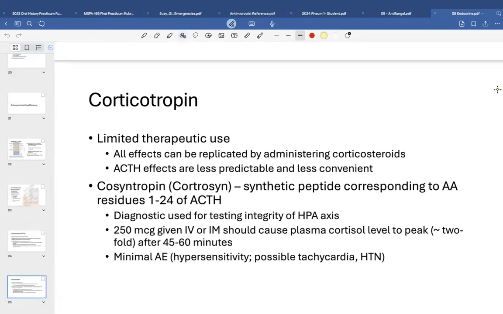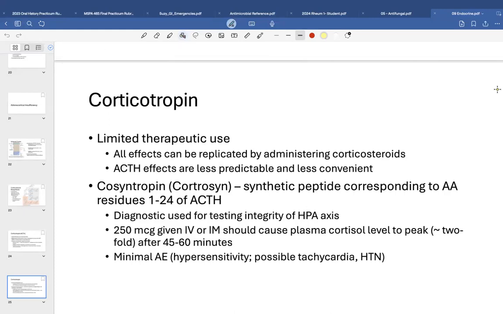But really what we therapeutically do is just give analogs of cortisol. But for corticotropin, there is a product called cosyntropin, which basically takes a part of ACTH, amino acid residues 1 through 24, and isolates that as a pharmaceutical product.